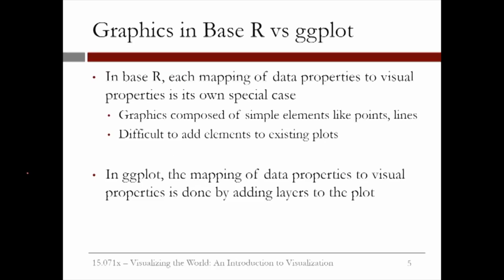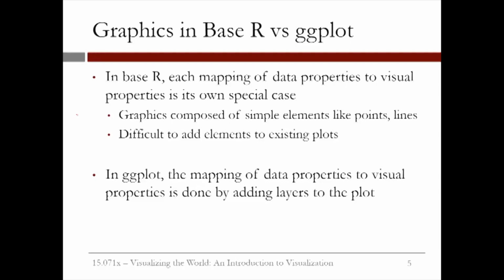So what do we gain from using ggplot over just making plots using the basic R functions, or what's referred to as base R? Well, in base R, each mapping of data properties to visual properties is its own special case. When we create a scatter plot, or a box plot, or a histogram, we have to use a completely different function.